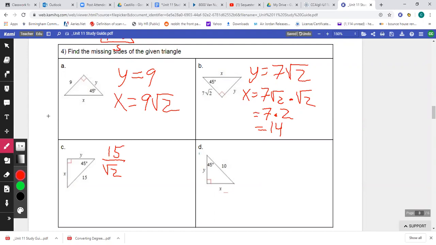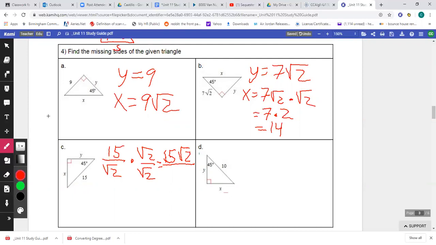But remember when we taught this lesson, we do not want a radical in the denominator. So how do I get rid of that? I multiply the top and bottom by radical 2. So the top, 15 times radical 2, I get 15 radical 2.